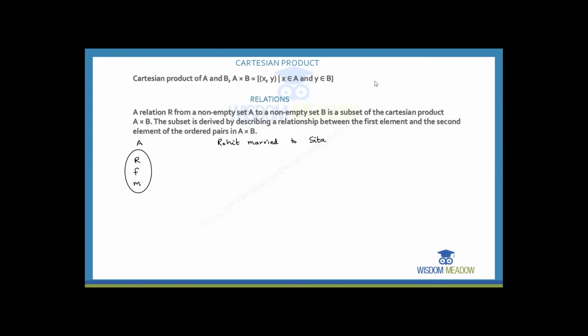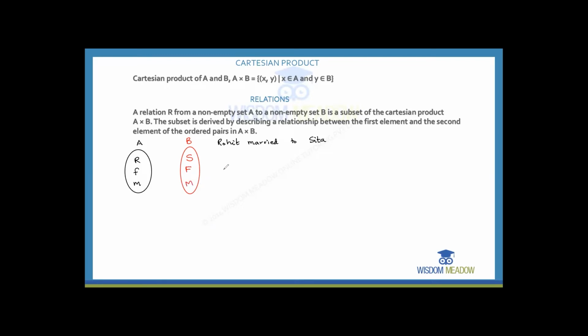And set B as Sita's family with S for Sita, Sita's father as capital F, and Sita's mother as capital M.